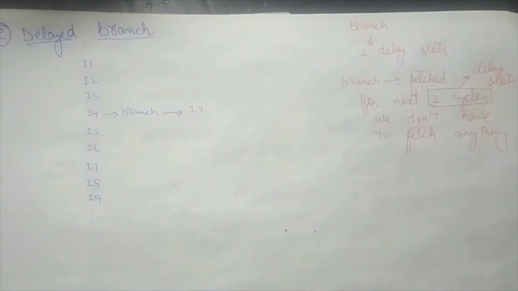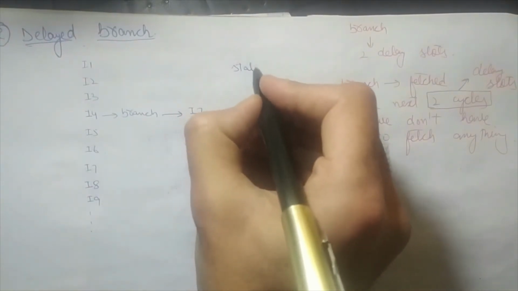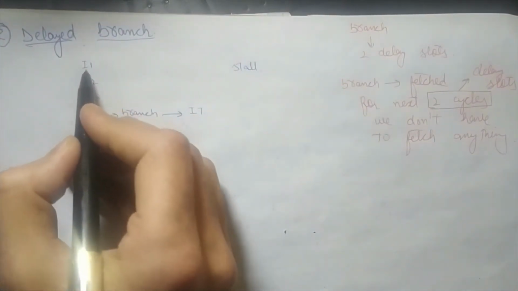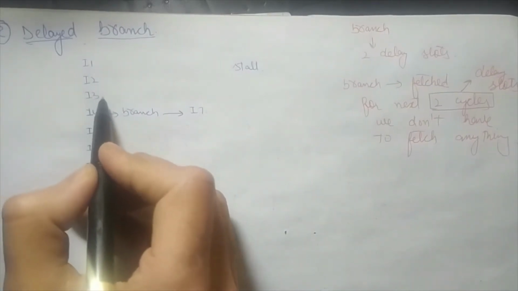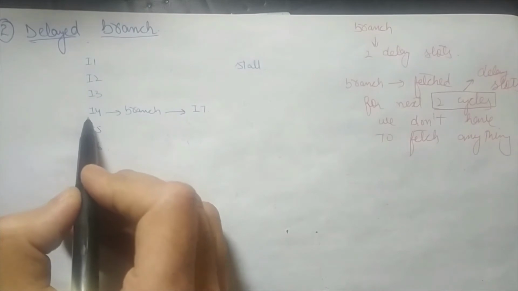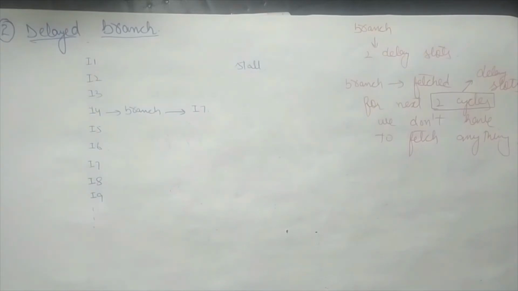Now let's see what the stalling-the-pipeline solution does. We fetch I1, then I2, then I3, then I4. When we are fetching I4, what will be the next instruction that we fetch?